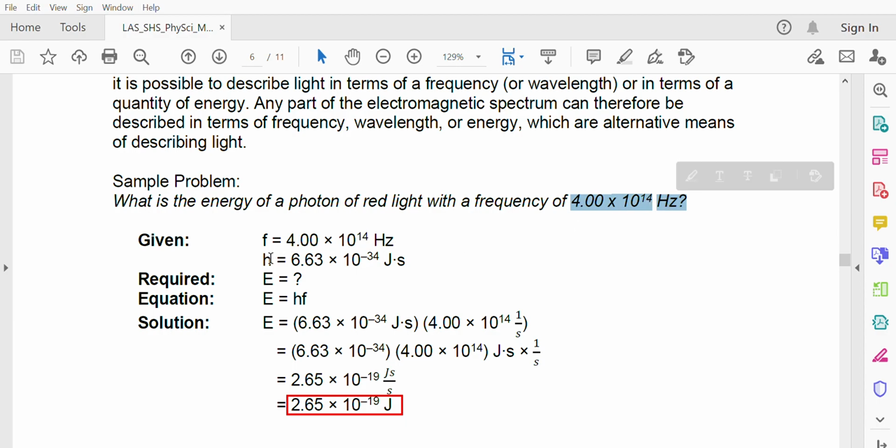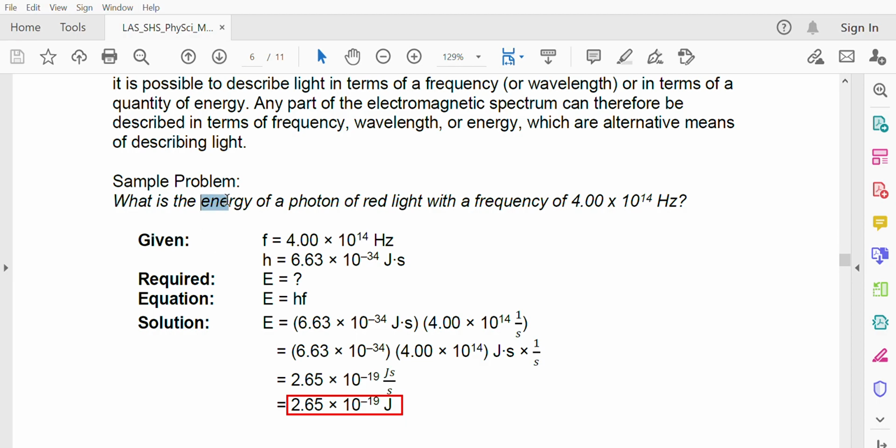Even though it is not in the problem, we know that h, the Planck's constant, is equal to 6.63 times 10 to the minus 34 joules times second. Just write it here because we will need it in the equation. Whenever you see h, it is always 6.63 times 10 to the minus 34 joules times second. The required is E, energy.